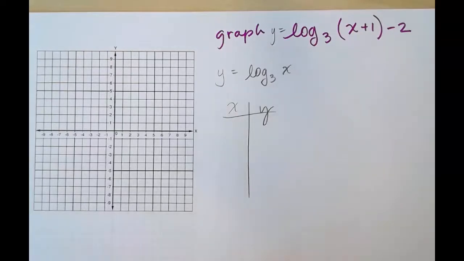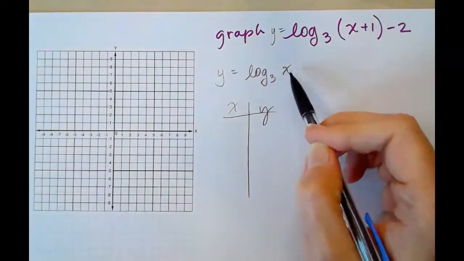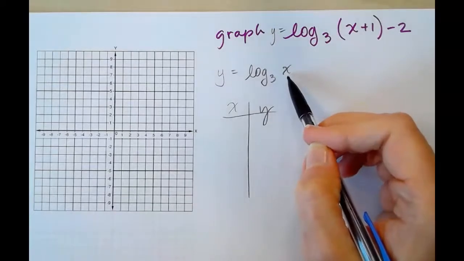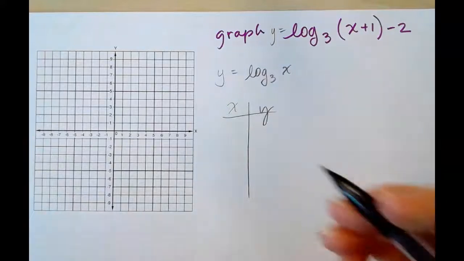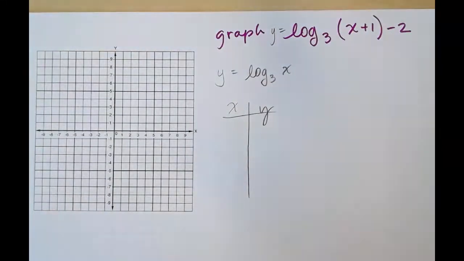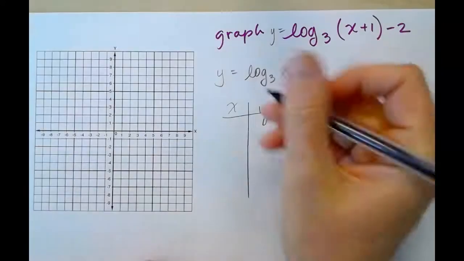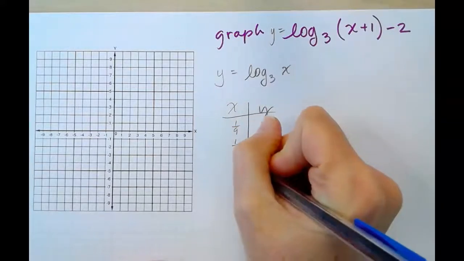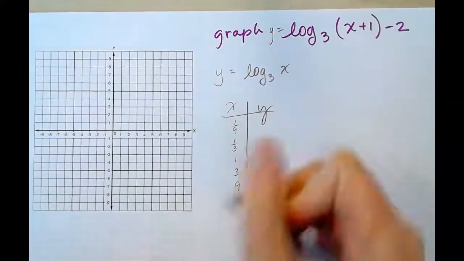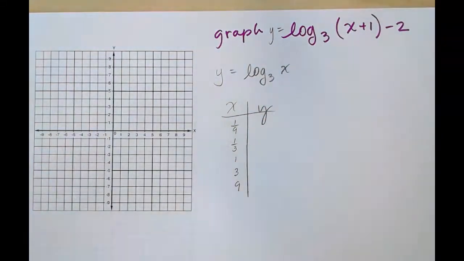Yes, because powers of 3, are they ever going to be negative? Are they ever going to be 0? No. So the only thing I should really plug in here are powers of 3. So let's start with 1/9, 1/3, 1, 3, and 9. Those are just the simplest powers of 3.